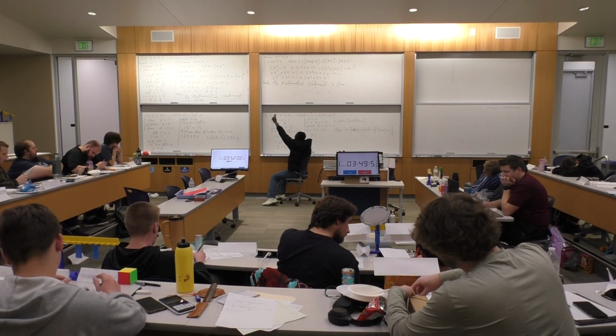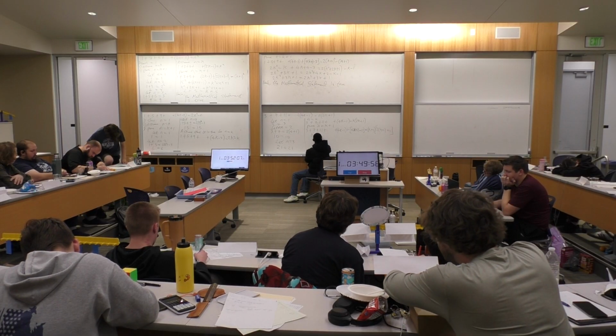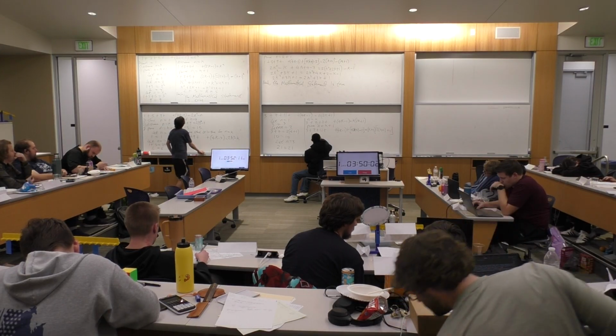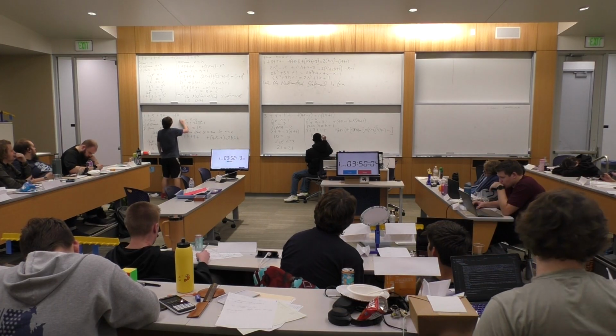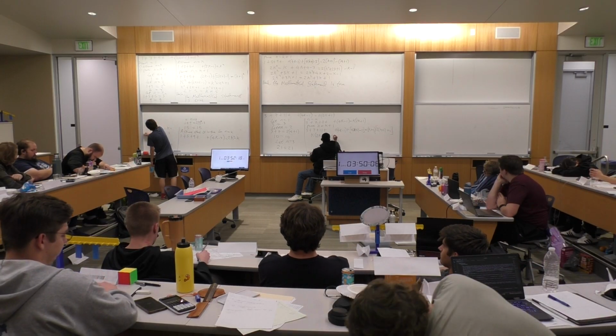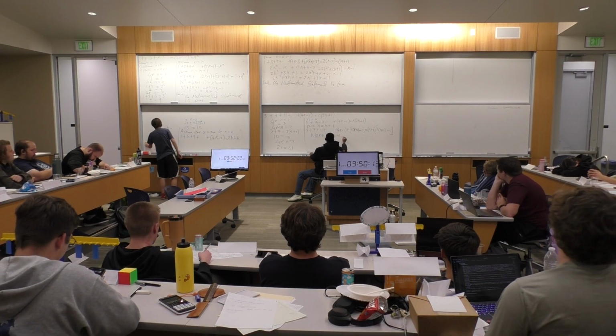Please, could someone clean up this side? Everything that side. We have k into 2k plus 1 plus 4k plus k minus 1.